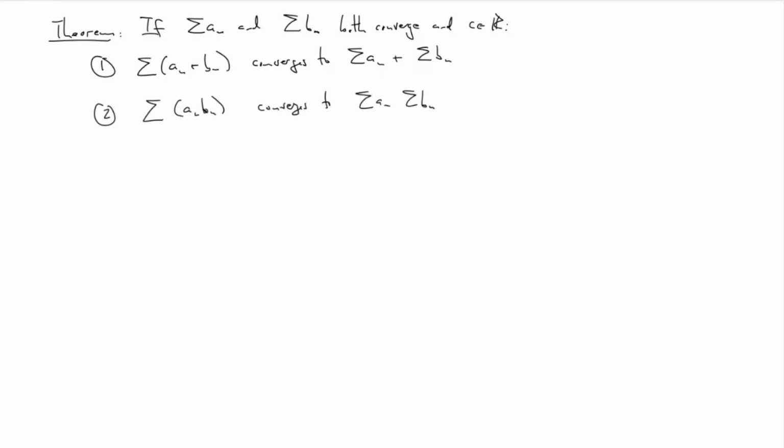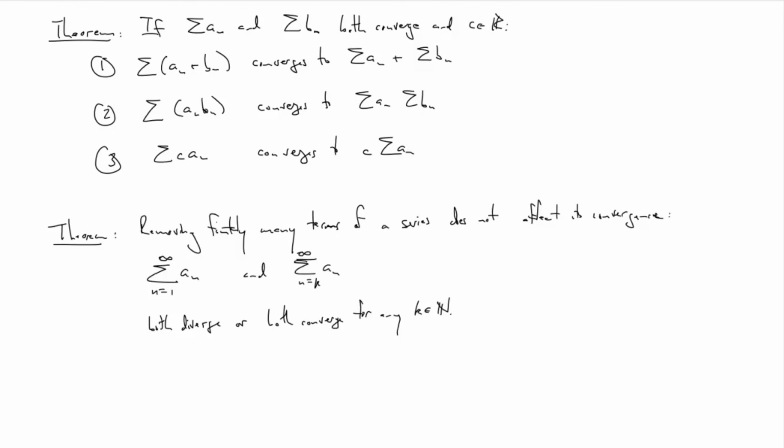And similarly, you get that the series of the product of the terms converges to the product of the series. And finally, and not surprisingly, if you have the sum of some constant times some series, you can pull the constant outside of the series just like you could with limits and derivatives and integrals.